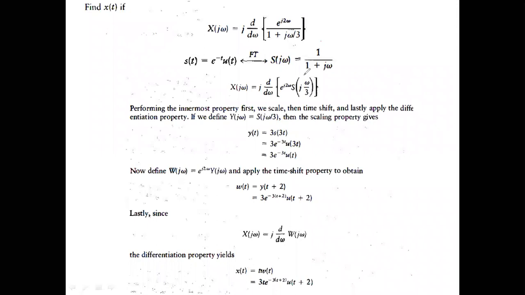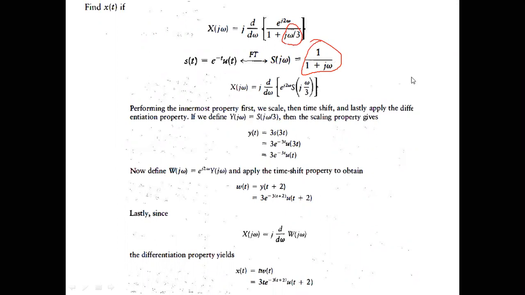First of all, he chose the particular expression 1 divided by 1 plus j omega. Then omega has been replaced by omega by 3. Which property is that? Let us go back.